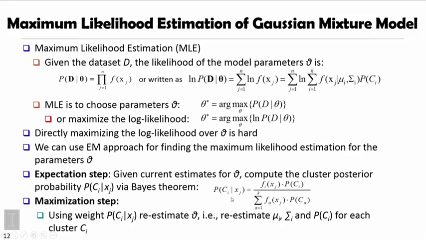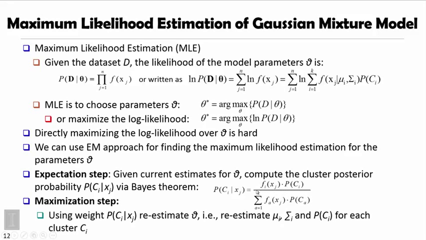That means we want to find the probability of C sub i given x sub j. The numerator is the density function of x sub j for cluster i times the probability of cluster C sub i.